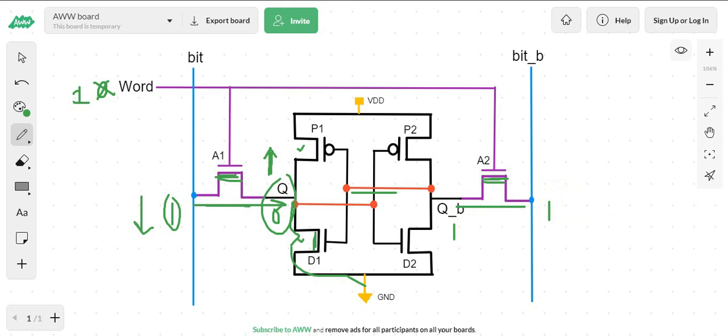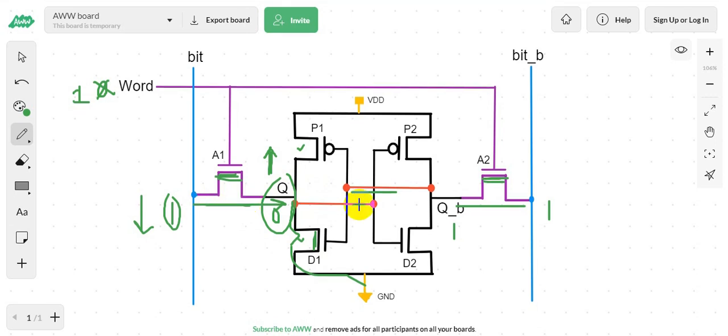So we can say that when the word line is raised, the bit is being pulled down and node Q tends to rise. Q is held low by D1 but raised by the current flowing from A1.